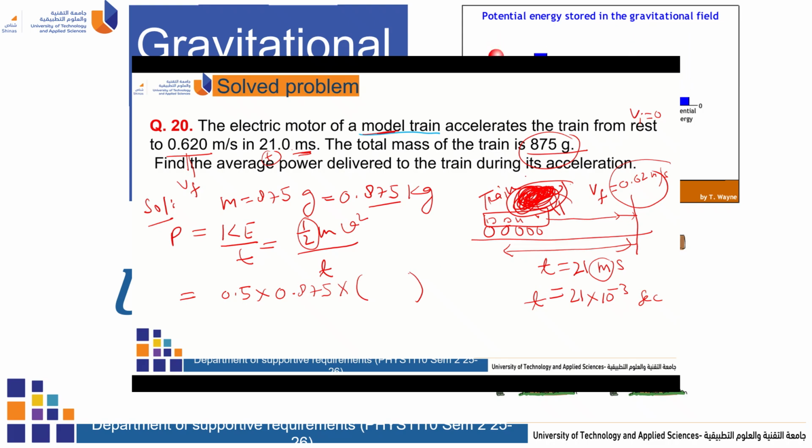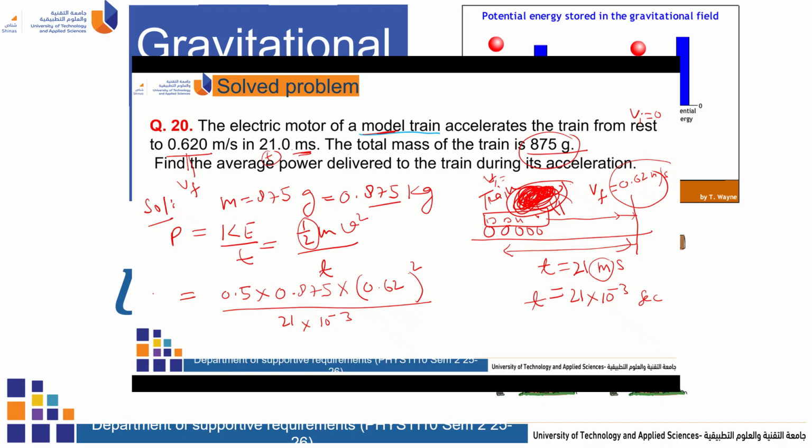For example, if they say the velocity is, say, 2 meters per second, then we cannot ignore it. Here we can ignore because it is zero, otherwise no. So this is 0.62 to the power 2, and the time here is 21 milliseconds, so this is 21 multiplied by 10 to the power minus 3.